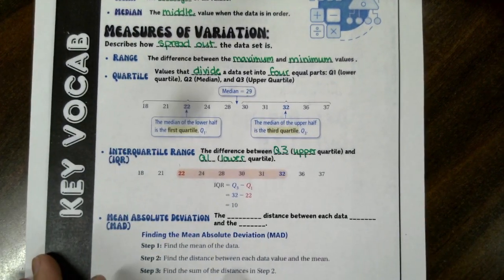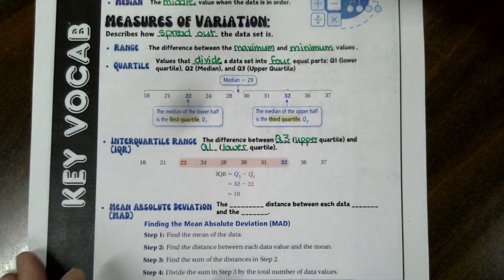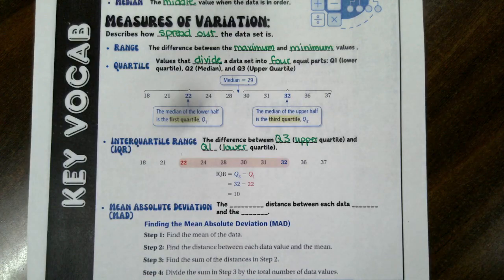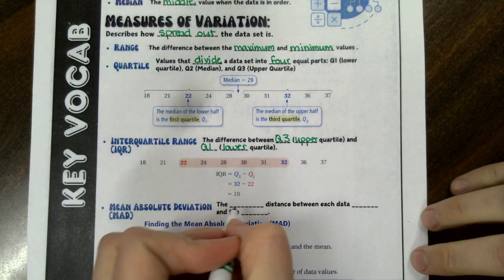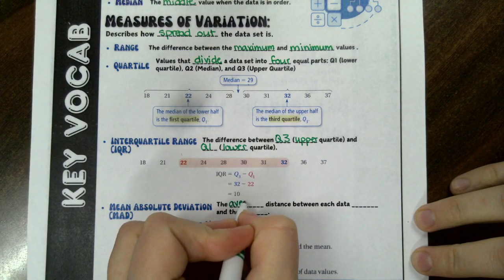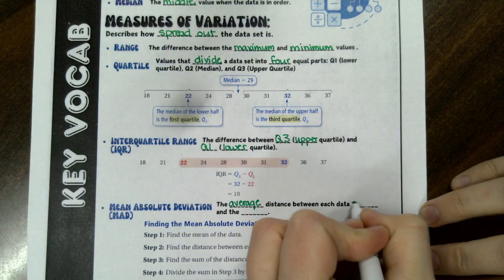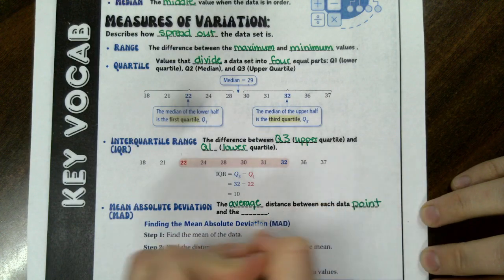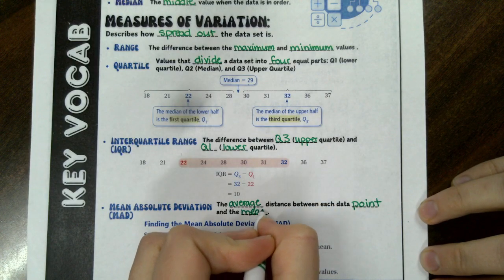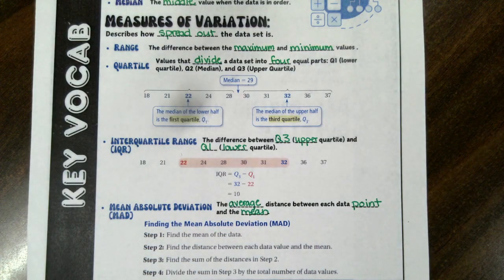Our last key term here is called mean absolute deviation. This is the average distance between each data point and the mean. I gave you some steps down here on how to find that. First, you're going to find the mean of the data.